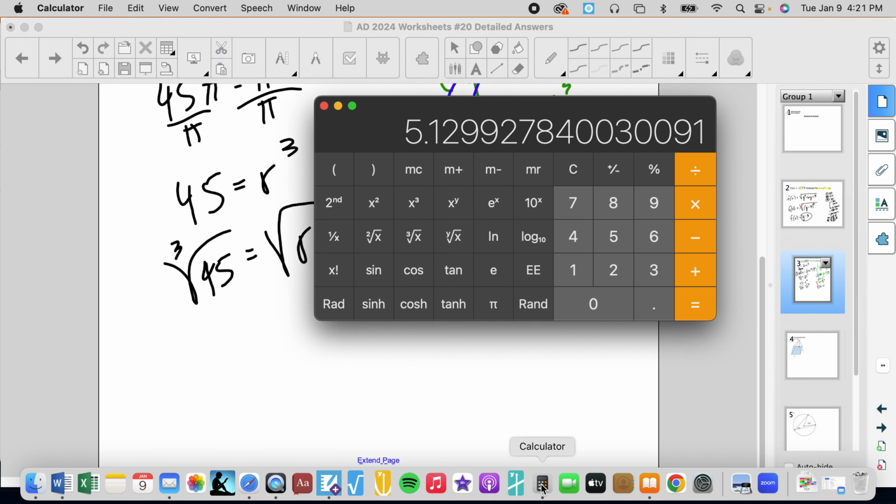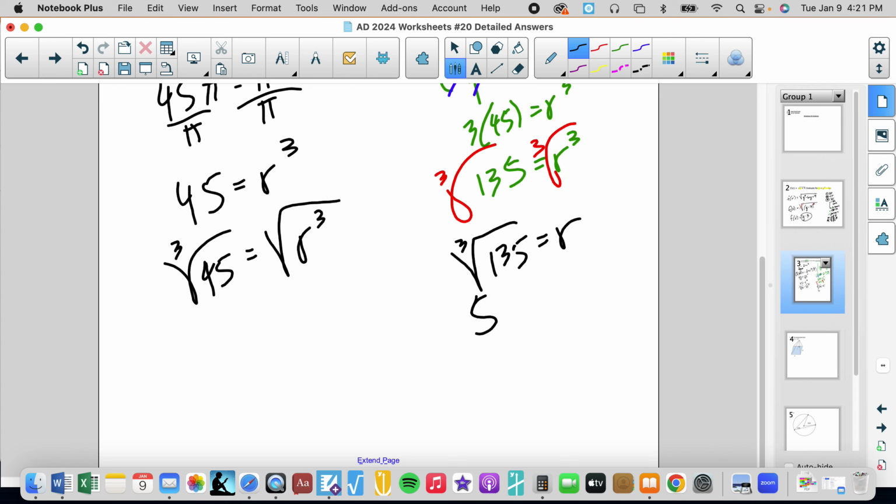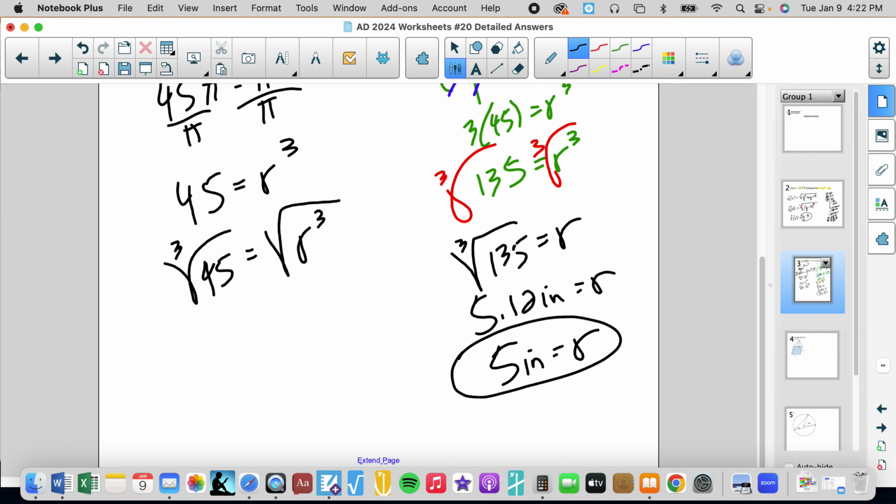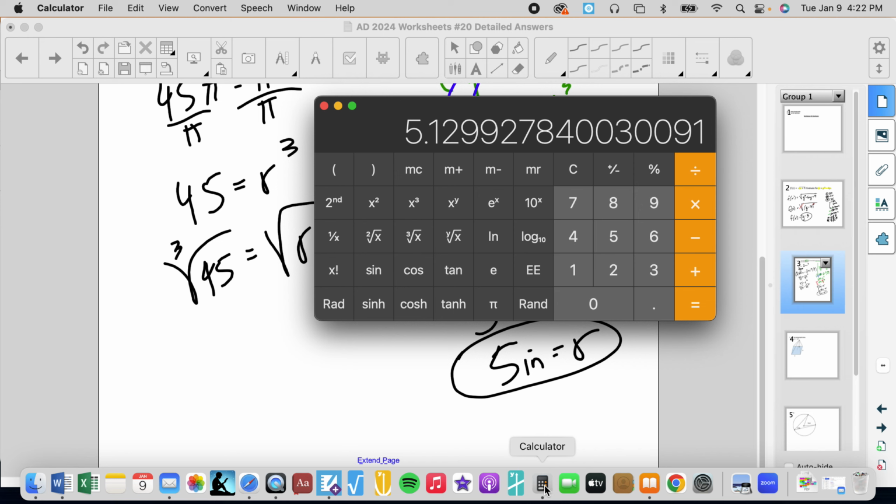This is so dumb. 5.12 inches equals the radius, which rounds to the nearest inch, r. That's kind of silly. So let's go here. If we have 45 cube root, 45 cube root times 3.